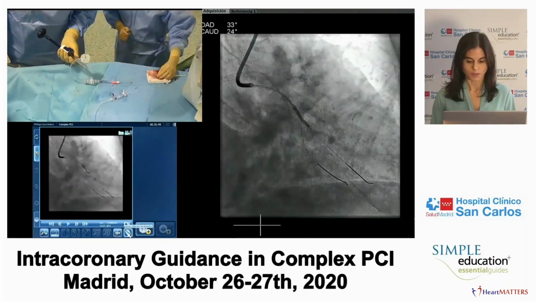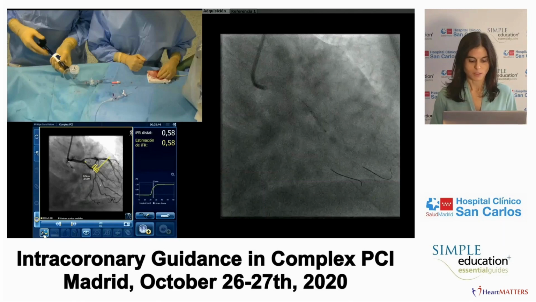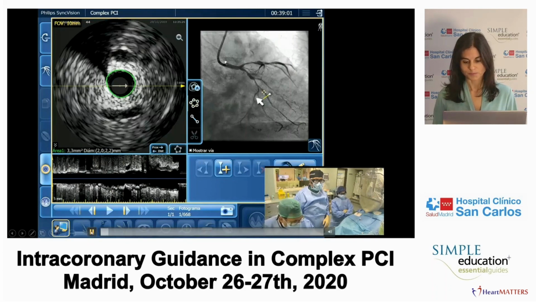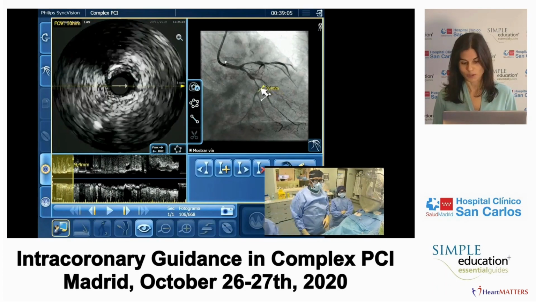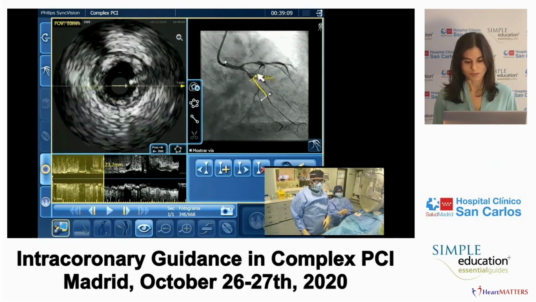You saw also here in the previous images how the distal reference, the vessel is around 2, so quite a small vessel, and quite a lot of discordance between the size of the distal and proximal reference. So with these findings, you can see also how in the co-registration we can measure the distance between the references, and this of course gives us an idea about the length of the stent we need to use.